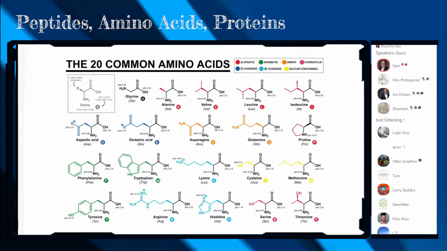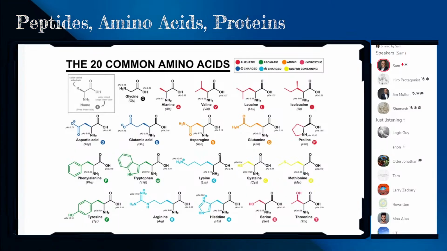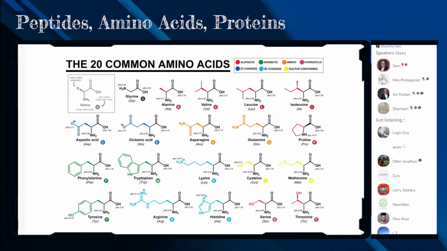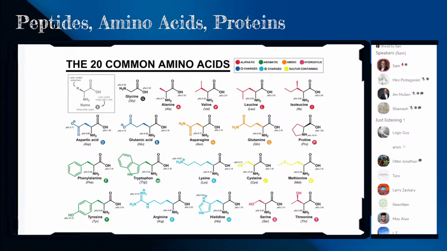So in this chart that I'm showing you, it shows what the side chain is. So we see that glycine doesn't have a side chain, or its side chain is hydrogen. And so in glycine, the alpha carbon is not attached to 4 different things.